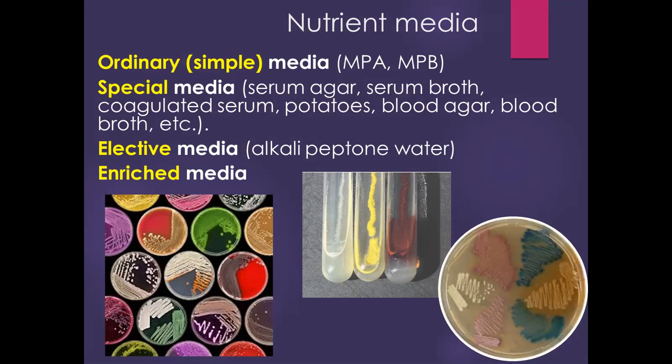The example is the alkaline peptone water, which is used for isolation of Vibrio cholerae. This bacterium can survive in high pH 9, and other bacteria which may also be present in the intestinal tract of people prefer neutral pH 7. And so in this media, they cannot multiply and we can isolate the vibrios.